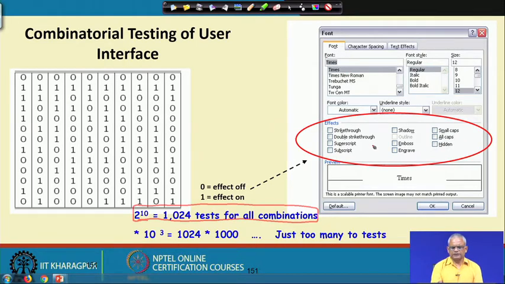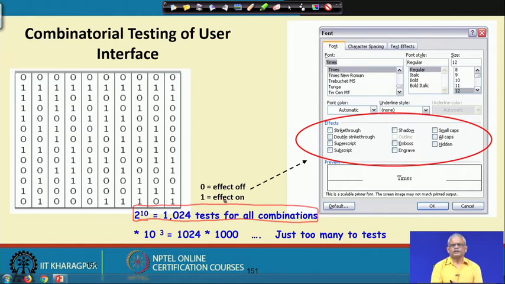Let us assume that there are only 10 here, it may be more, but for our simplicity we just consider that there are only 10 font types to be selected and 10 styles to be selected and 10 font sizes to be selected, and then how many test cases? We need to multiply 2 to the power 10 with 10 to the power 3, and this becomes 1024,000. Too many test cases for anybody to test the software.